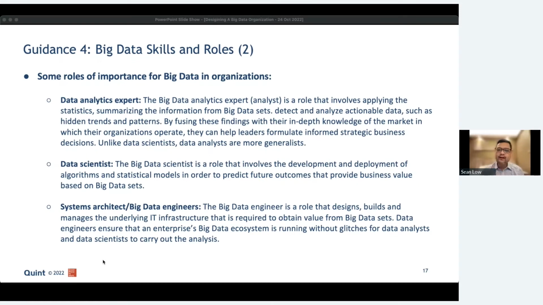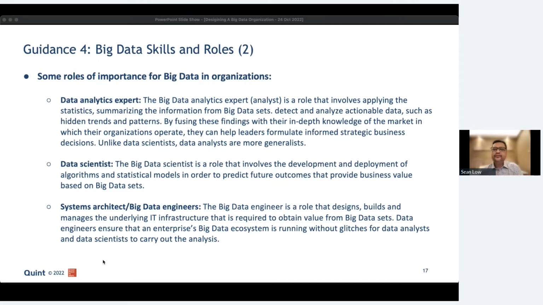The architects or the engineers are the roles to design, build, and manage the underlying infrastructure where big data applications and big data processing can actually be carried out, and making sure that these systems run on a day-to-day basis without any glitches.